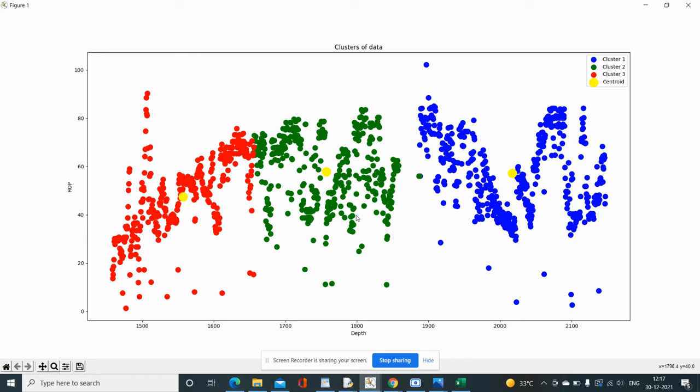So that way, it will leave us without any input. At least with clustering, we can say that we have three clusters for the data from 1000 meters to 2150. So that's one way of looking at it.